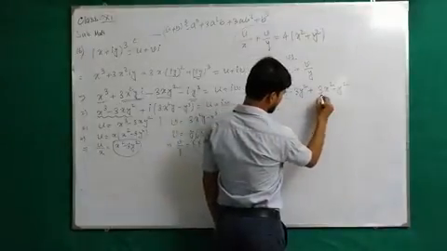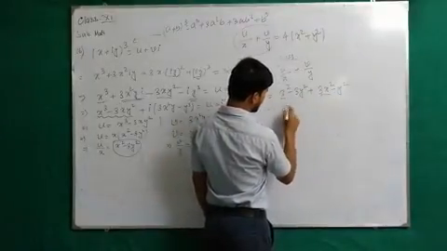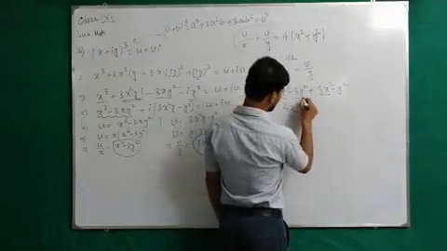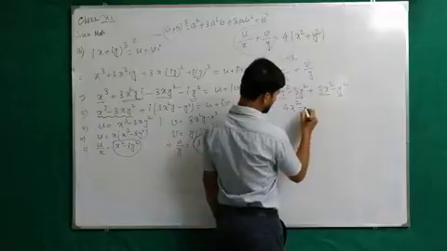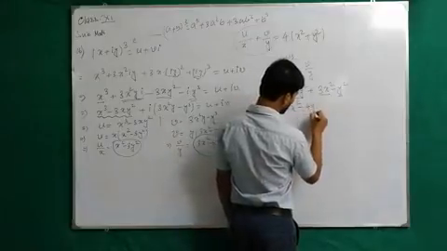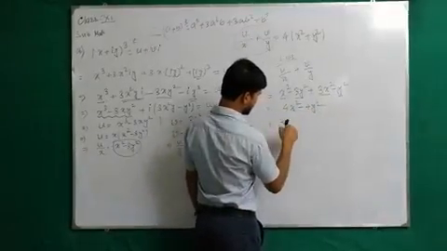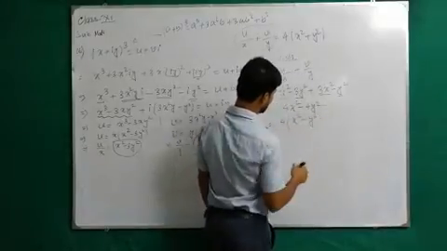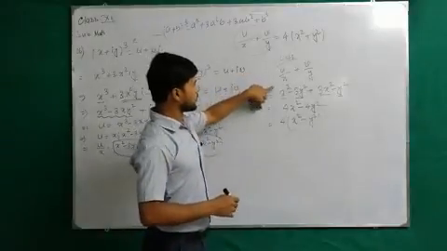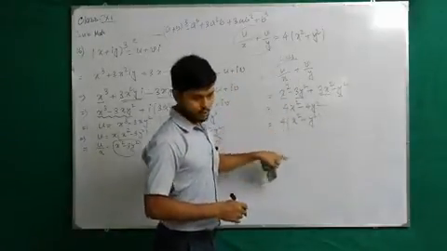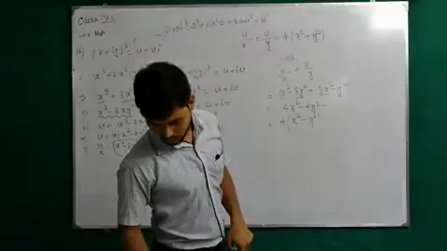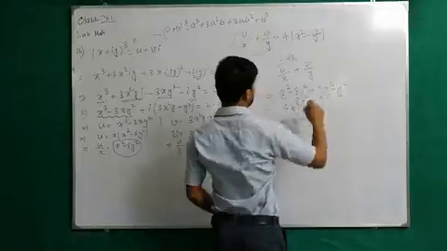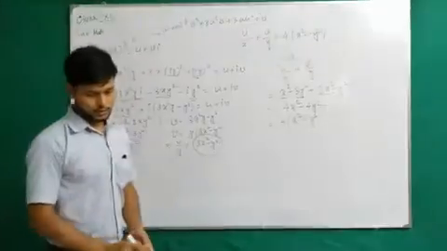So this x square and this 3x square will be 4x square, minus this 3y square and this y square will be 4y square. Now if we take 4 common, it will be x square minus y square. That means ∂u/∂x plus ∂v/∂y equals 4 into x square minus y square. Actually we have to put x square minus y square, not plus y square. Okay, so hence proved.